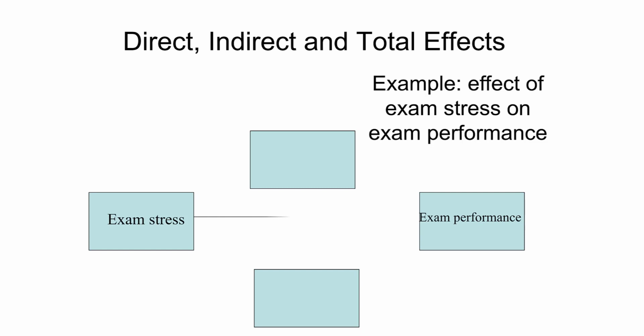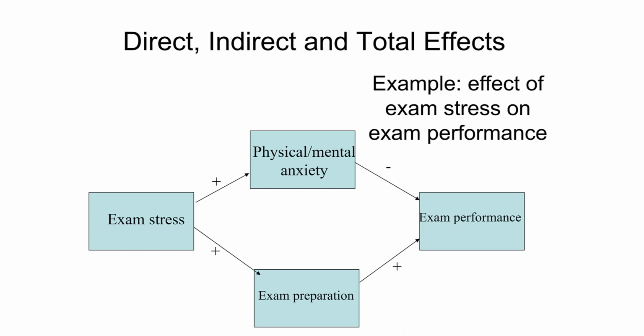We've got this example here where exam stress and exam performance go together, but there are direct and indirect effects of this. So exam stress directly could relate to exam performance, but indirectly relate to exam performance through physical mental anxiety and through exam preparation. So we've done this already with mediation.